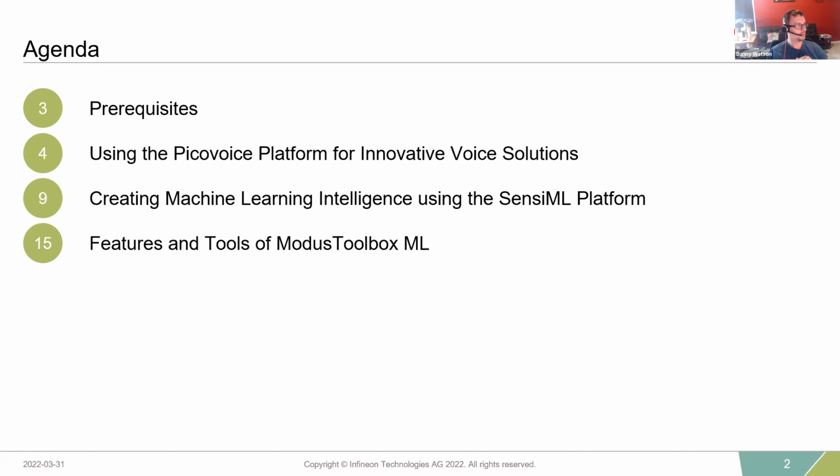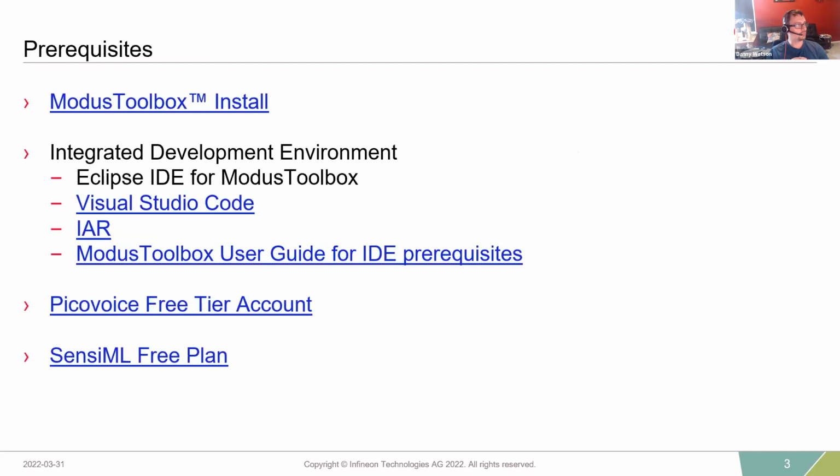And then to finish off, we'll be briefly just going over some slides on how to use our ModusToolbox ML tool. Right, so some of the prerequisites, it's assumed that you have installed ModusToolbox itself. ModusToolbox is a full infrastructure for you to be able to take code examples, middleware, and build your own software in a way that is suiting your specific use cases.